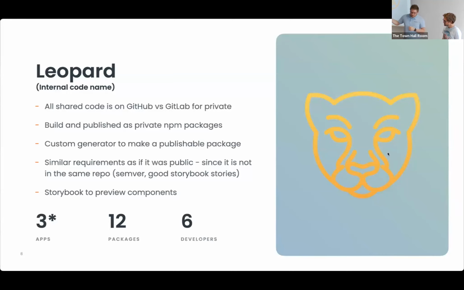Each time we build something in this shared space, it's bundled as an NPM package, still private within GitHub, and then installed like any other package in a private setup. And to make that work, we did a custom generator in NX that makes it easy to bootstrap these packages to make them deployable on a GitHub private repository with the correct tags, etc.